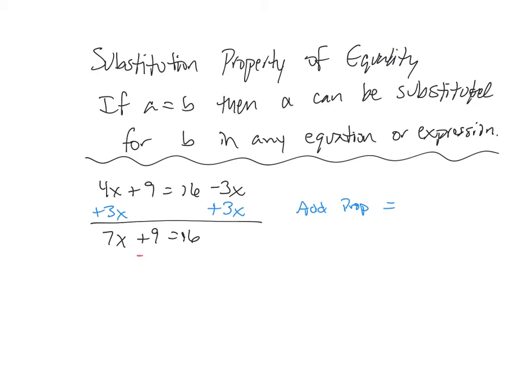And then the next step I would do is I would subtract 9. And that is the subtraction property of equality. And then I would divide by 7.